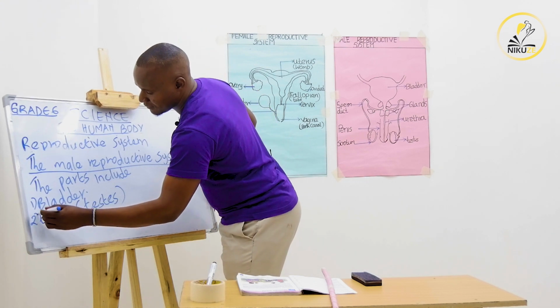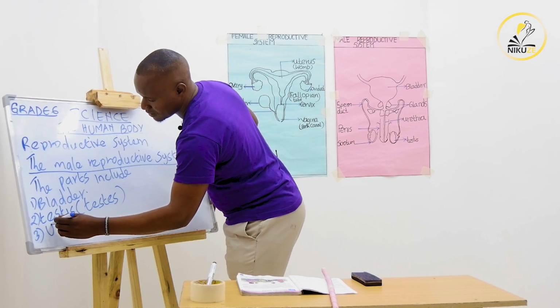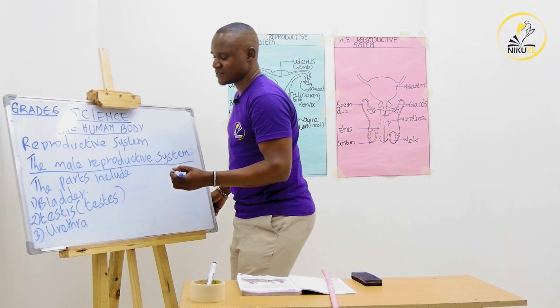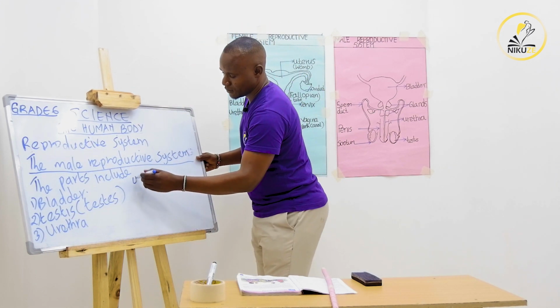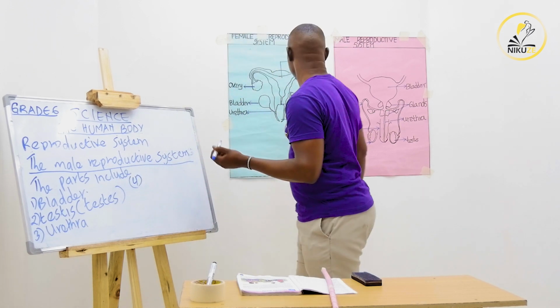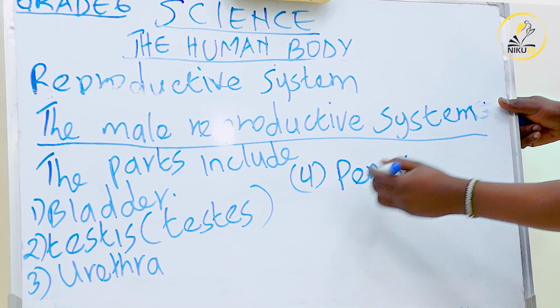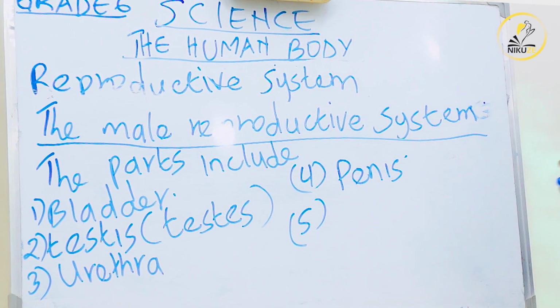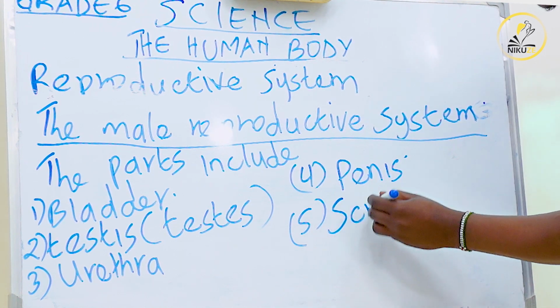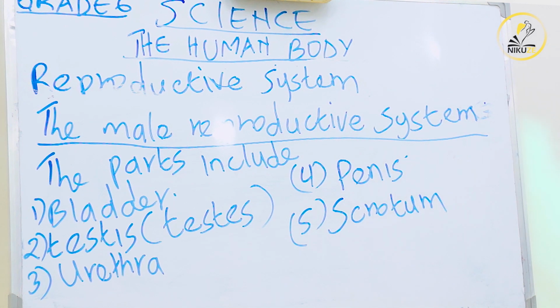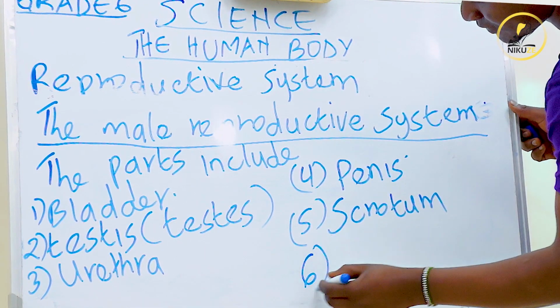Then the third part is the urethra, which acts as the passage for urine. Number 4 is the penis. Number 5 is the scrotum. And the glands are our 6th part.